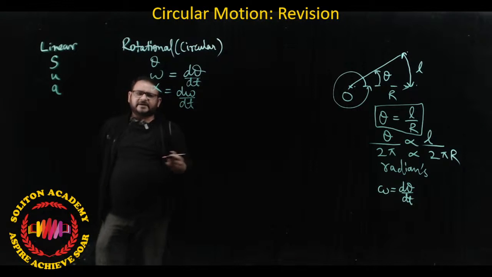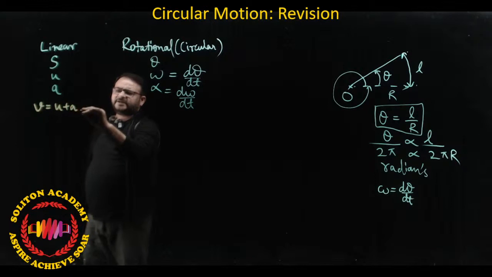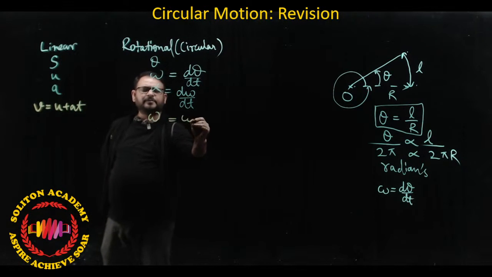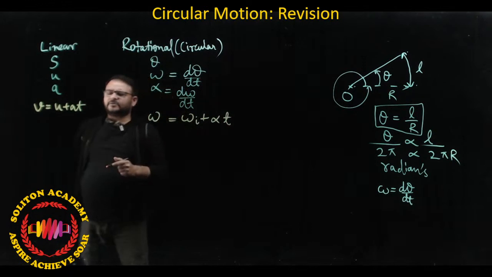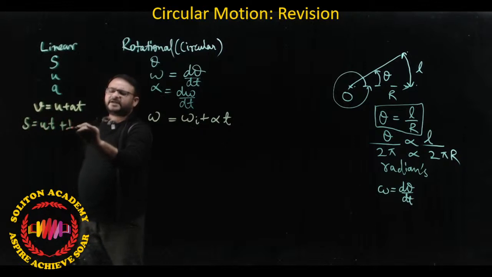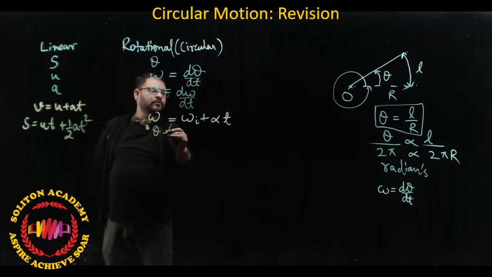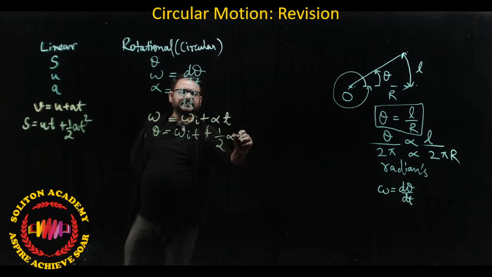Now these are a few things. Another thing is kinematics is exactly similar. Here we have v is equal to u plus at. Here we have omega at any time is equal to omega initial plus alpha t. Right? And then for displacement, s is ut plus half at square. Here we have theta is equal to omega initial t plus half alpha t square.